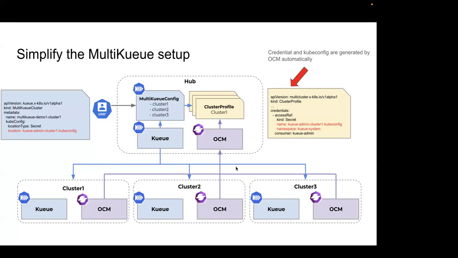When the managed clusters are registered to the hub, OCM will generate the credentials and kubeconfig automatically, and all the results are put into the credential field in the ClusterProfile. With this, MultiKueue users don't need to manually create the kubeconfig anymore, and they can just reference the secret name in the MultiKueueConfig, so that we help simplify the setup. This part is easy to understand.